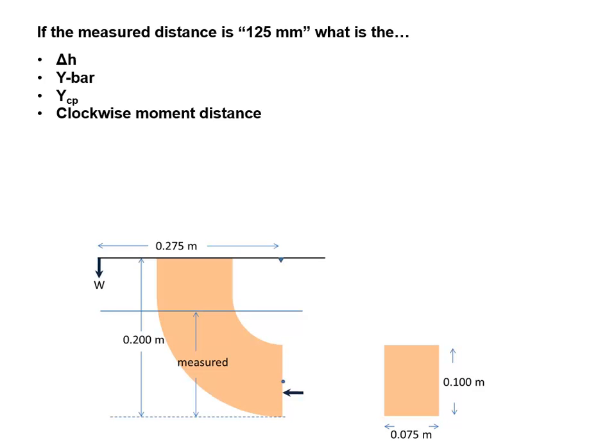So if we had that weight at W, then we'd need to look at the ratio of the moment distances again. So the moment distance ratio is going to be 0.275 meters for the moment distance from the edge to where W is located. And the distance from the edge down for what the clockwise force, the hydrostatic force, is going to be the 0.13 meters plus the YCP.